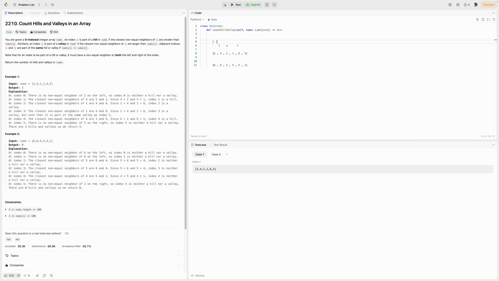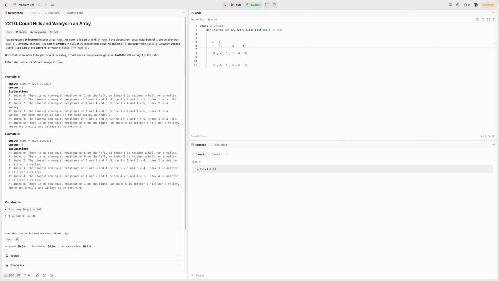Okay, so this is +1 again. Cool. We're not going to move the center. Center is not equal to R yet, so we're not going to update L. If center is equal to R, then update L. Okay, cool. Now center is here.